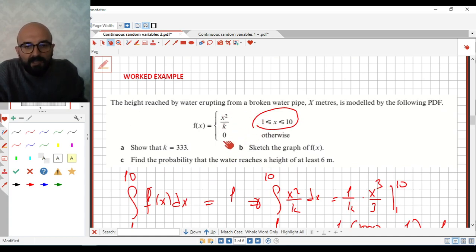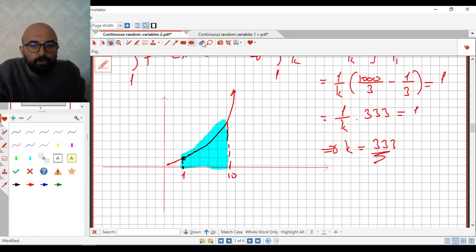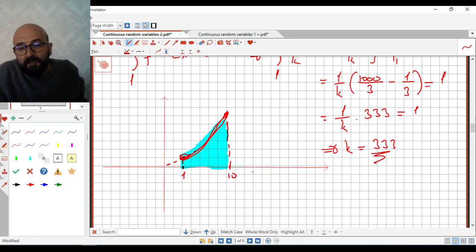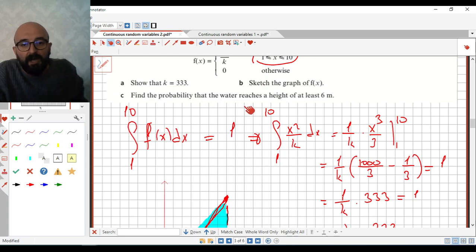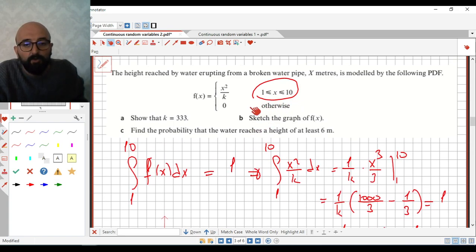The otherwise is 0, so it should be only this section, only this area, because for the other x values, our function is 0. So we should draw the curve between 1 and 10.